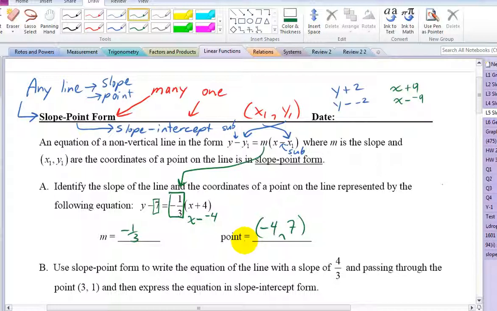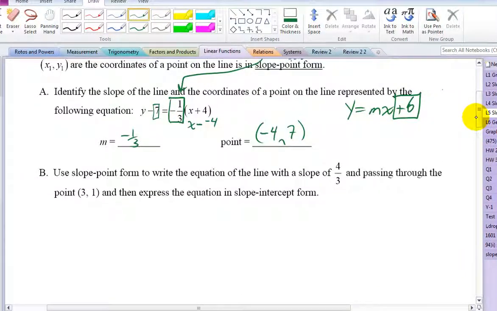It's different than what we looked at yesterday, because if we have y = mx + b, the sign told us the value for b. Not so today. Okay, it's different. So a lot of your homework questions are going to be like this. A is like the beginning questions. What's the slope? What's the point? Can you actually recognize it? Okay, then you move on. Now I give you the slope and I give you the point and you make the equation.